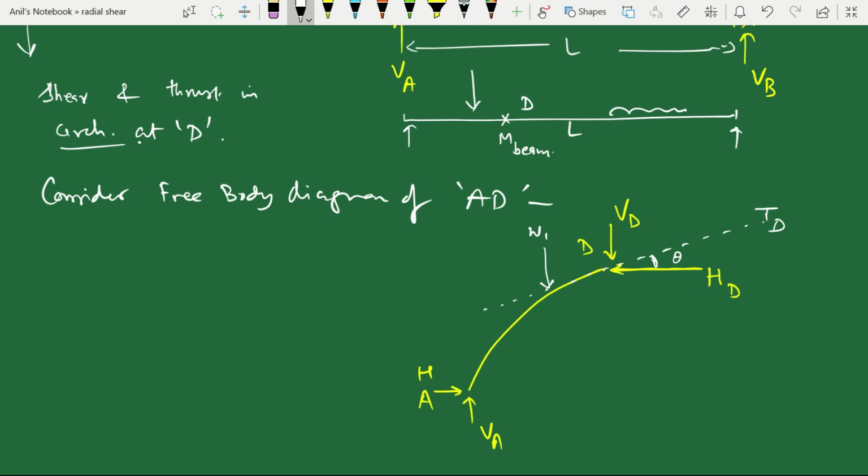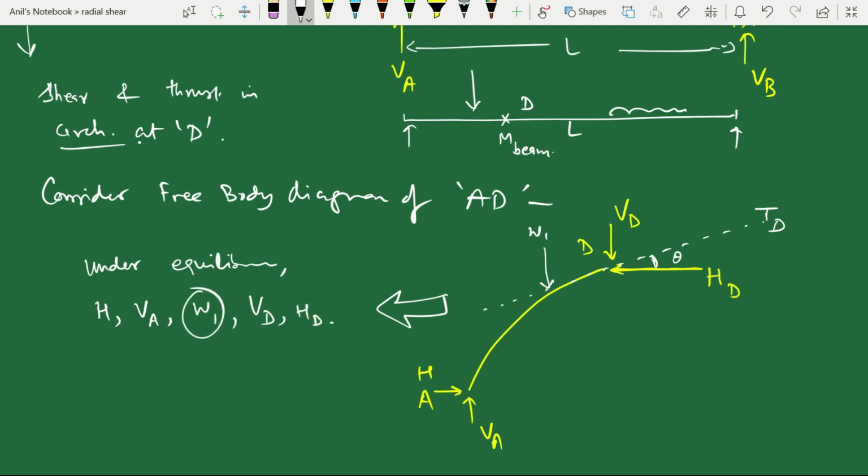So this is a free body diagram. It is under equilibrium due to the following forces: H, VA, W1, which is external load, VD and HD. VD is vertical shear at D and HD is horizontal thrust at D.